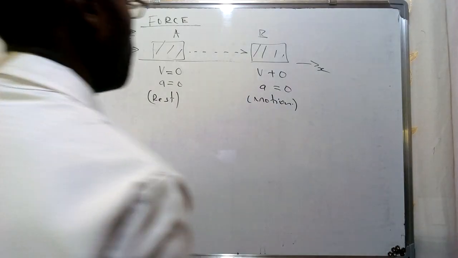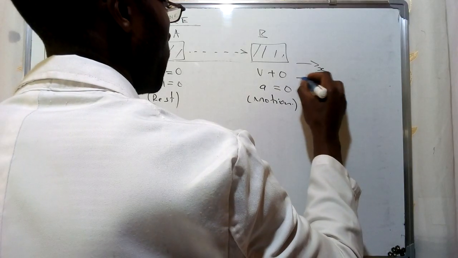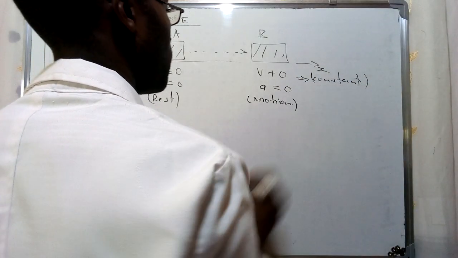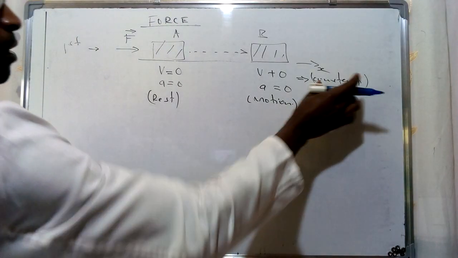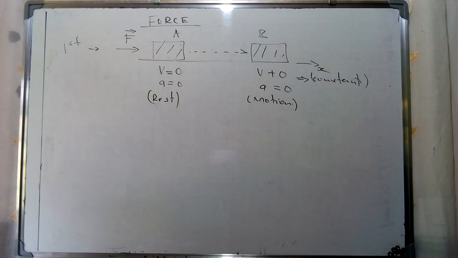So if this object is caused to move, it is going to move with a constant velocity. If there's no change in velocity, then that automatically implies a 0 acceleration.